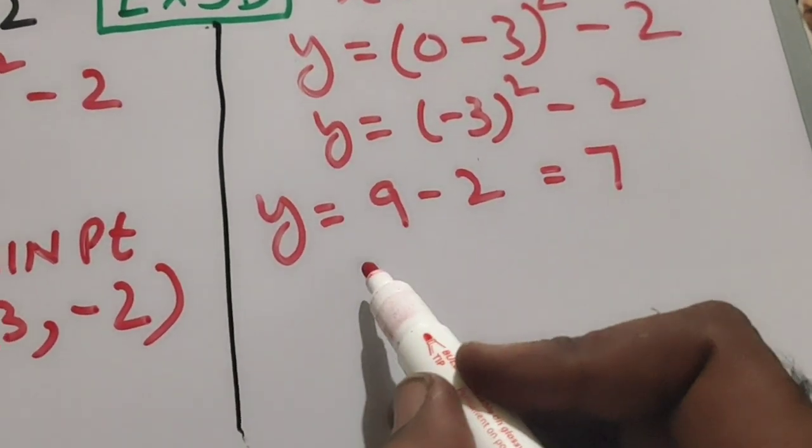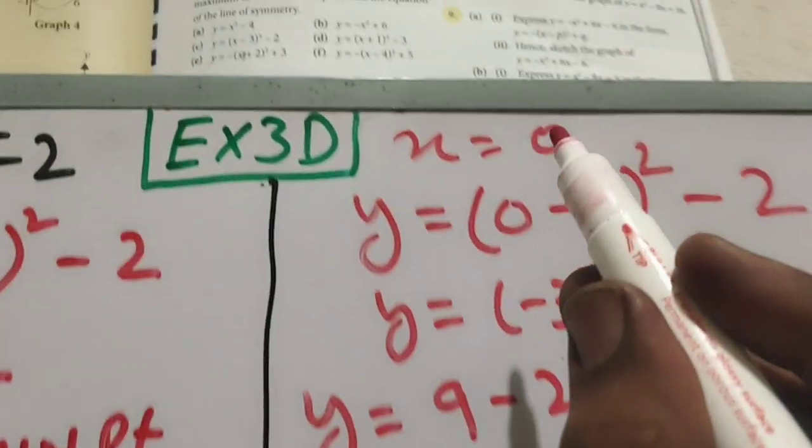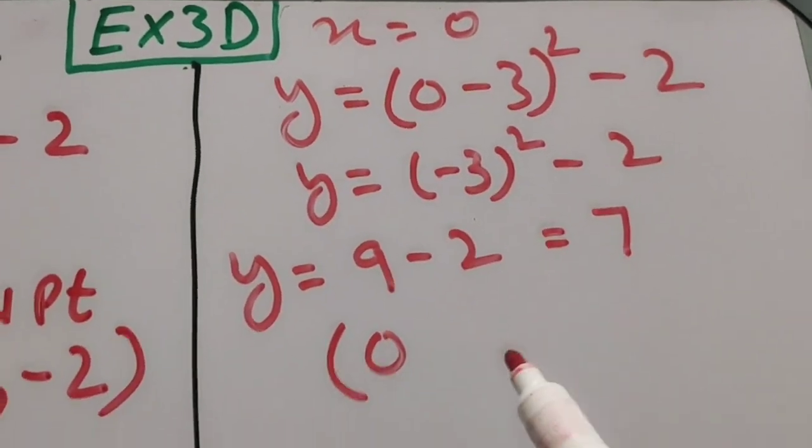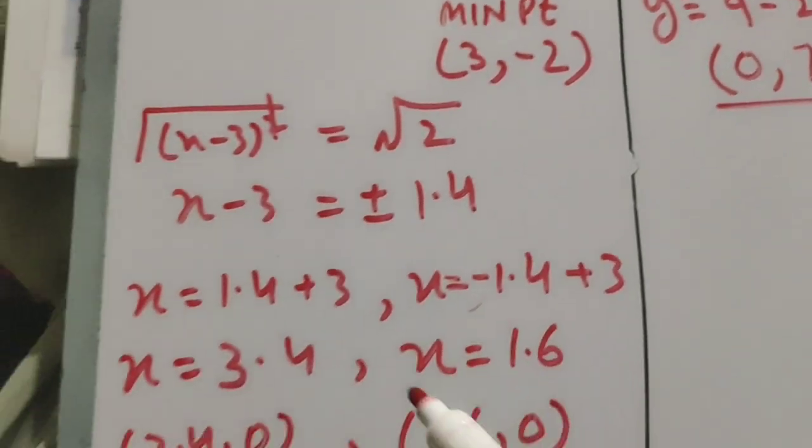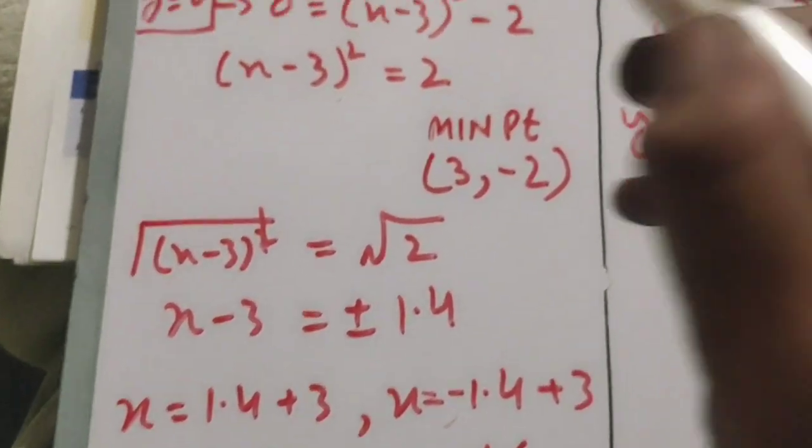So the point we get is x is 0 and y is 7. These are the 3 points we get from this function by putting y equal to 0 and x equal to 0.